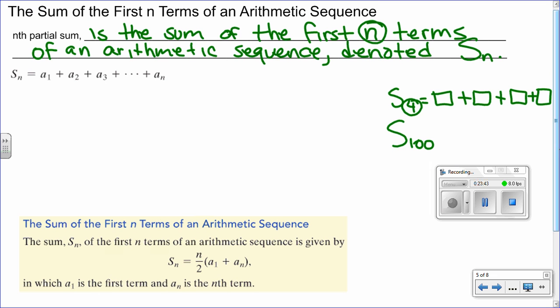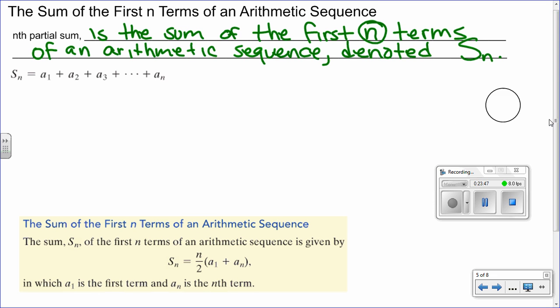Okay, so make sure you do have that definition written, and what I'm going to do now is show you where the formula to obtain a partial sum of a sequence came from. It was actually created by a 4th grader back in the day, and you know a little bit about him.